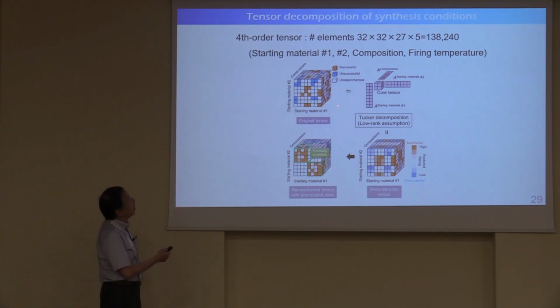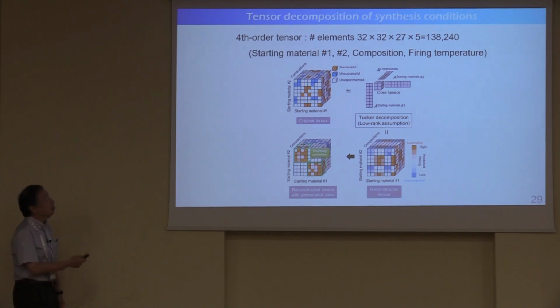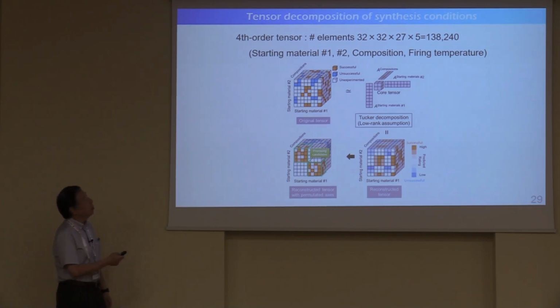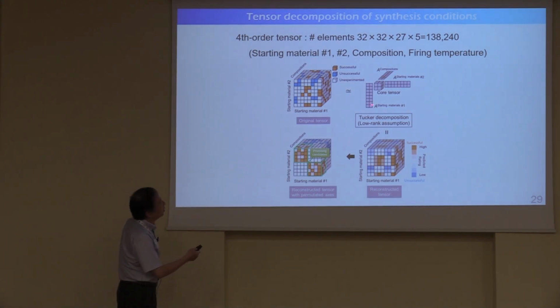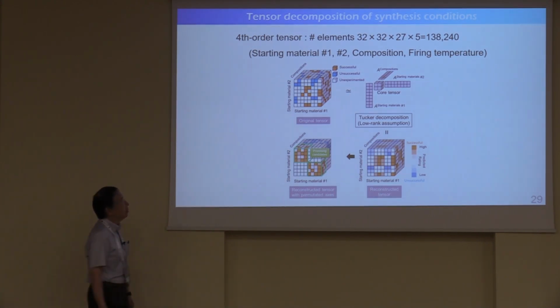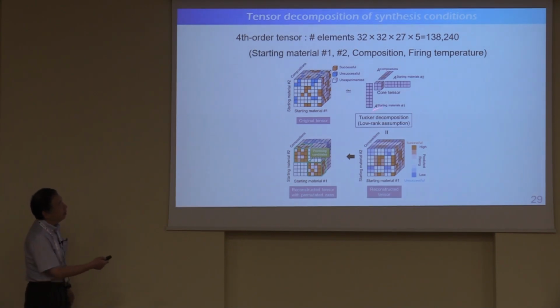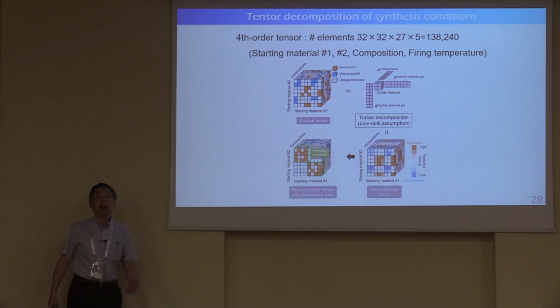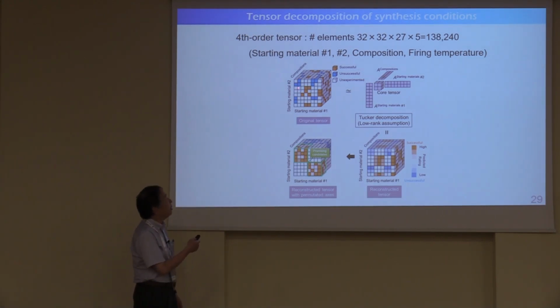But there are many unexperimented conditions shown by white color. And this is the original tensor. We decompose this tensor into a core tensor with 3 matrices to have this reconstructed tensor. So based on that, we can estimate the recommendation score for the unexperimented conditions.